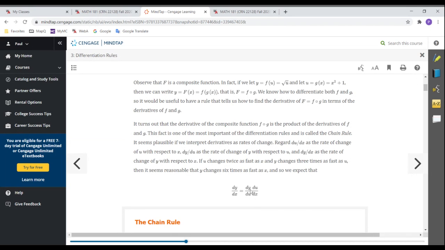But we could also look at y as a function of u, and we could look at u as a function of x. I'm looking at this paragraph now. I'd highlight it if I could, but I think you got the paragraph right in front of you there.